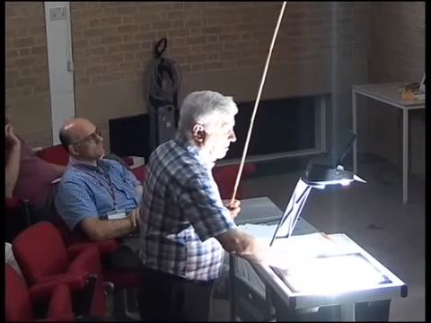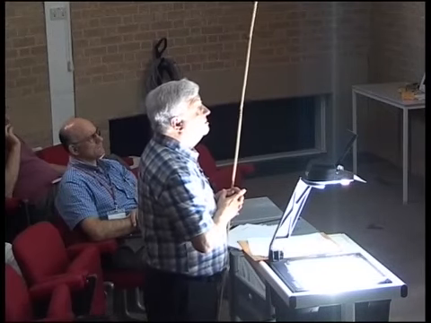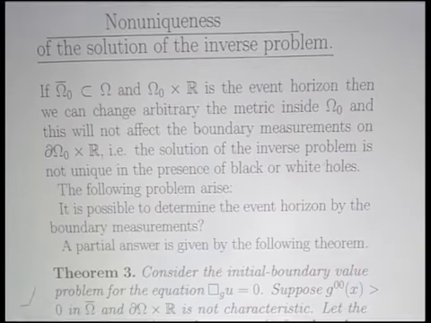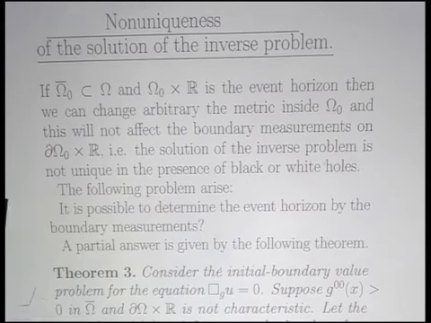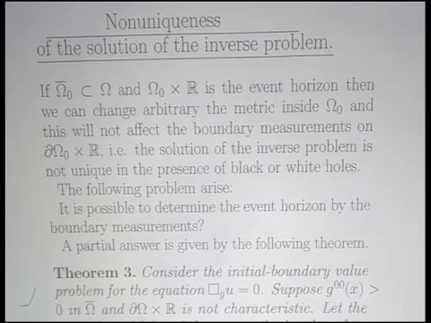So this is still about inverse problems, but soon I will go straight to existence and stability of black holes. If you have a black hole or a white hole, then inside you can change the coefficient or metric as you want, and this will not affect the boundary measurement.